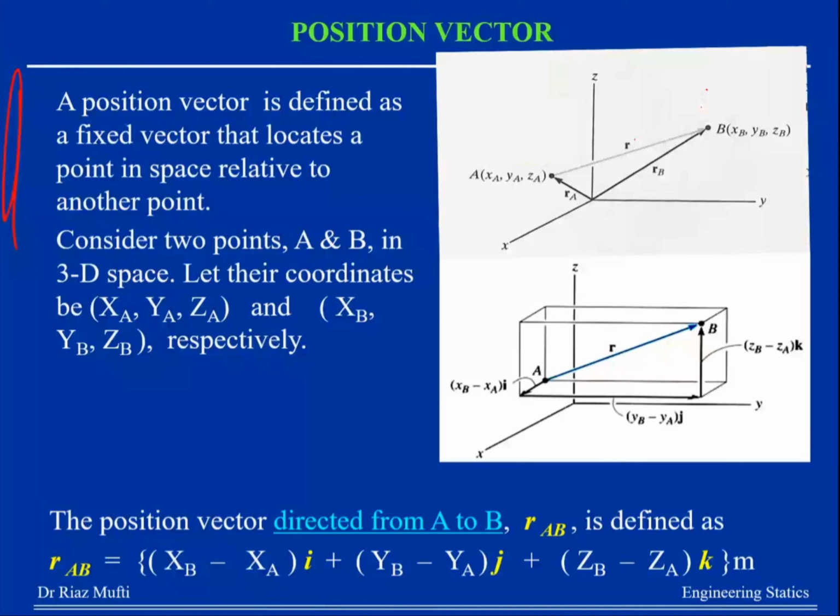So zb minus za will give me this distance of the vector, because zb minus za is the difference of the 2 heights on the z-axis. So that gives me the z component of my vector. In the same way, when I do xb minus xa, it gives me the x distance of the vector. Is that clear?